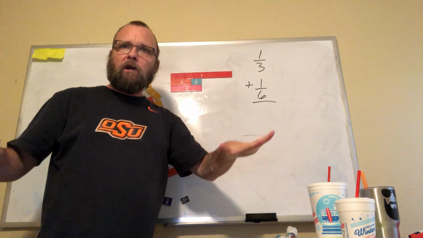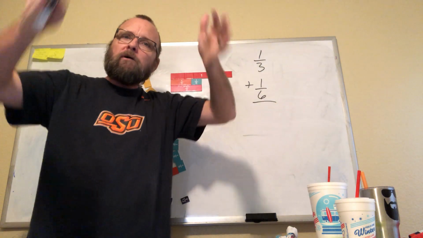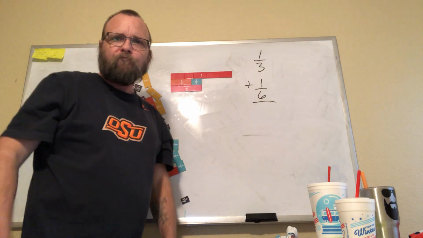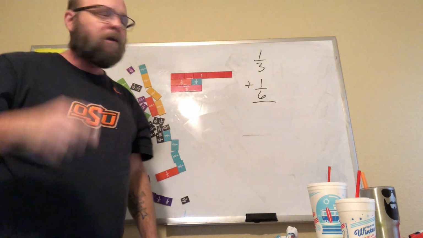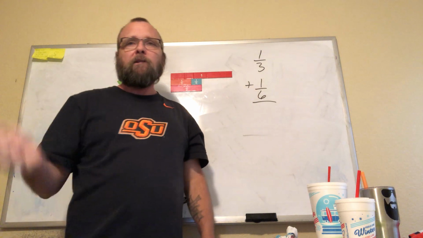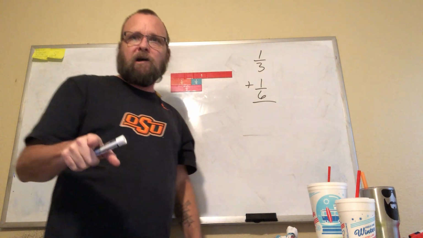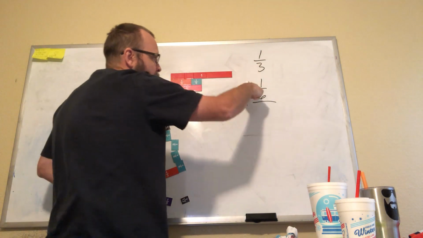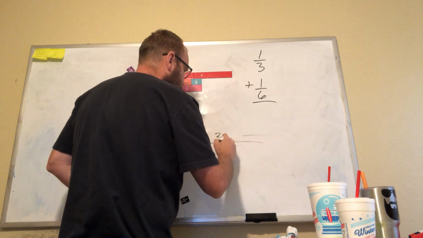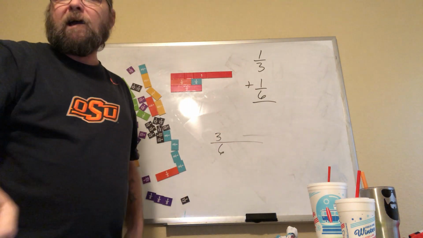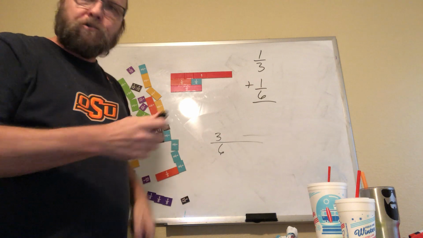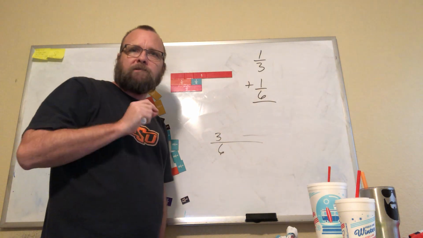It's wrong. Wrong, wrong, wrong. They have to have the same denominator. So last week we practiced finding least common denominator. We're going to take our denominators, which are 3 and 6, and list out and find the first common number they have as a multiple.